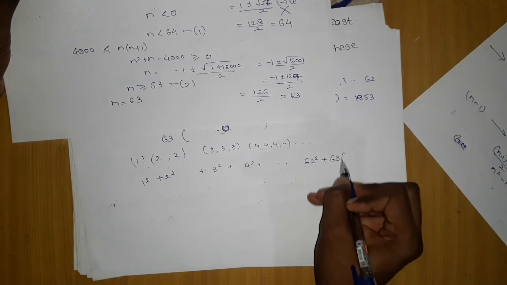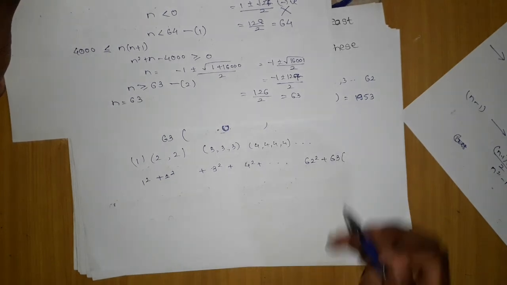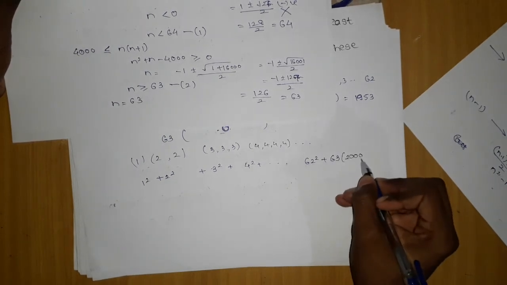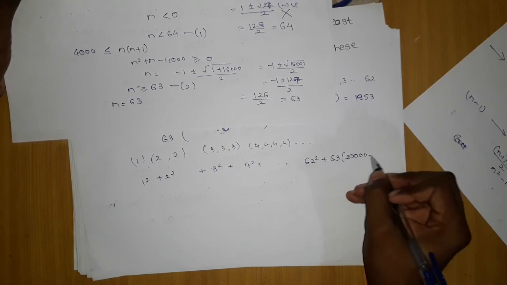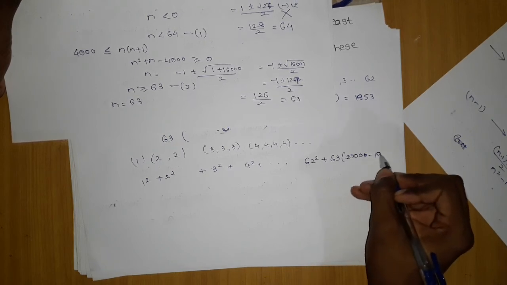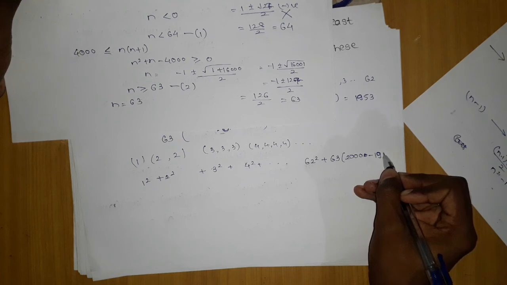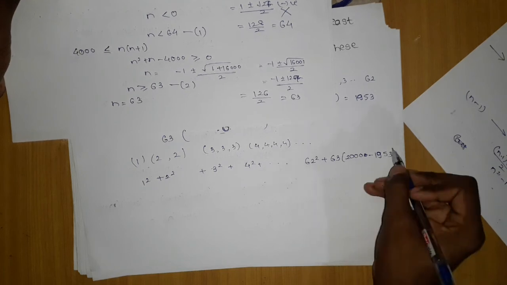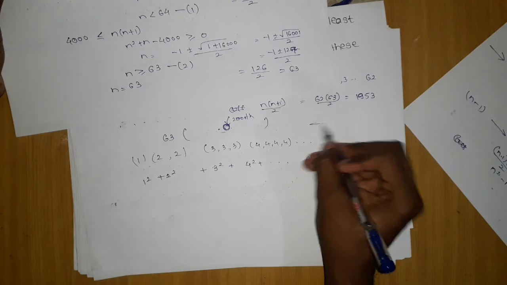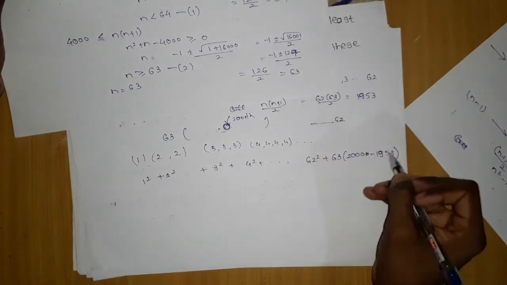In the 63rd group, how many terms are there? I want to know till the 20,000th term, and before that it is what? Before that the number of terms is 1953. Now listen, how did we get that? Till the 62nd group I have this number of terms.